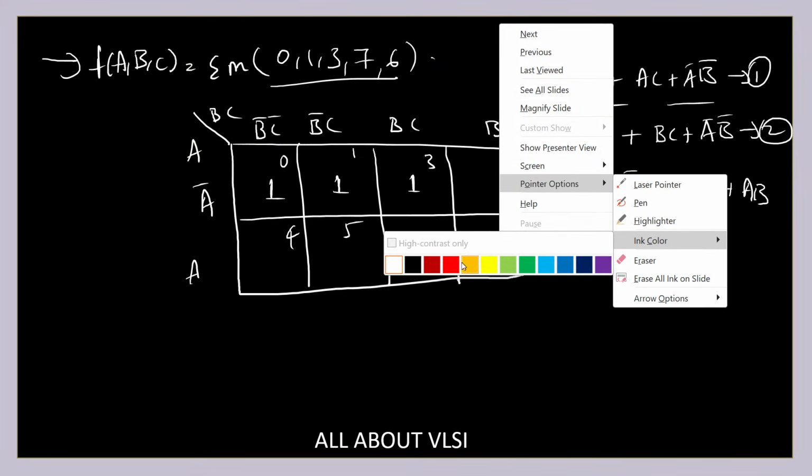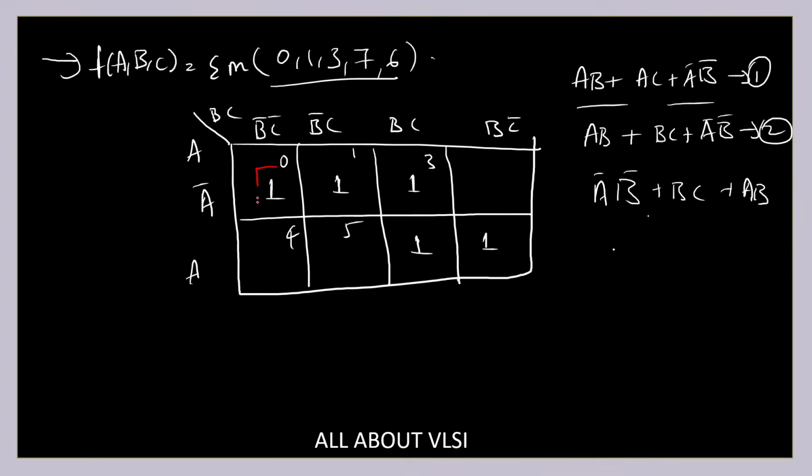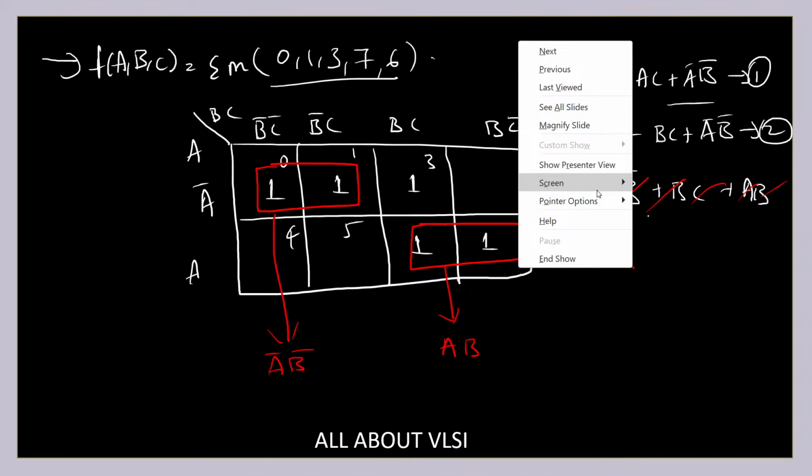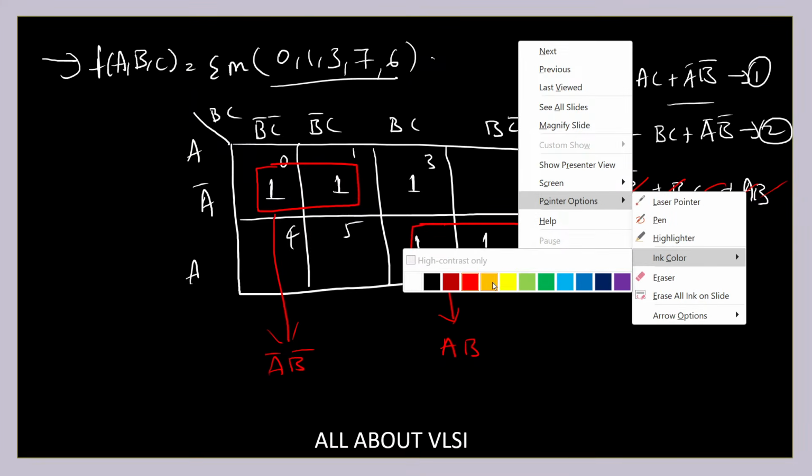So here this can be grouped and this can be grouped, right? This first group is nothing but A complement B complement, and these two are the same only, no? And this is nothing but AB, right? Now, we are going to get two different solutions over here.